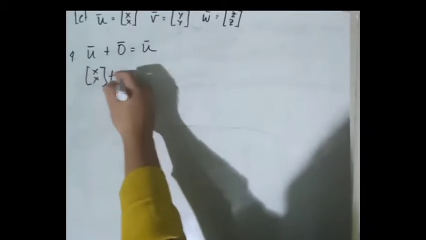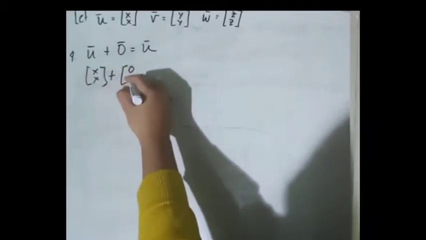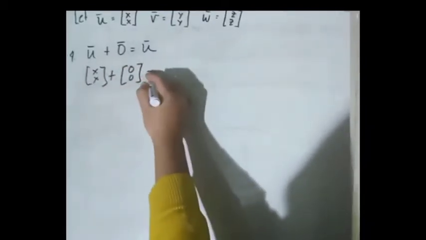Next, we have the zero vector. So we will prove that vector U when added to the zero vector is also the same as vector U. So we know that vector U is (x, x), plus, we're going to add (0, 0).